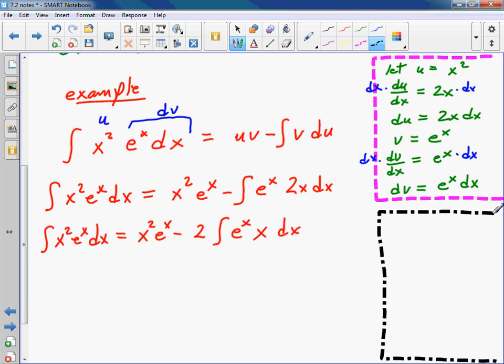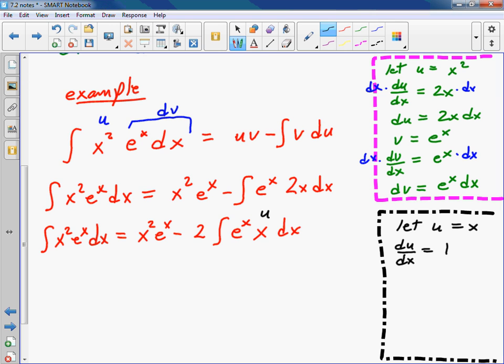It's okay. Stick with black, I guess. Let u equal x this time. That makes sense. And so my u can be here. And so then du dx equals 1.